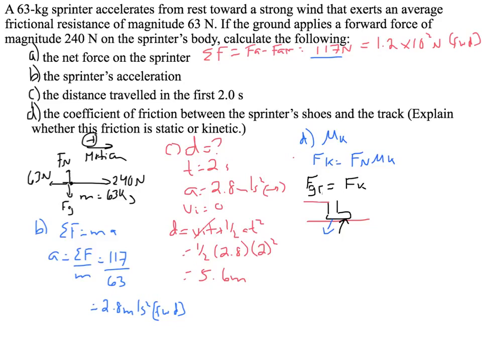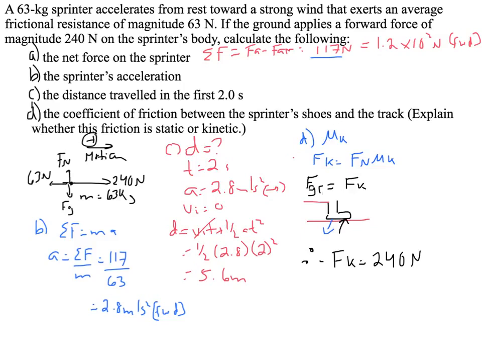If friction wasn't there, his foot would just slide along the ground. Since it is there, it's what stops his foot and propels him forward. Therefore, Fk is 240 newtons. Once you get that part of the question, you'd be fine.